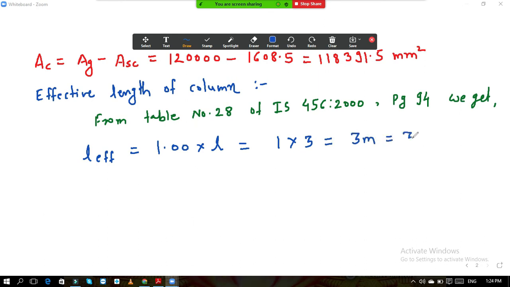This is nothing but 3000 mm as it is. We got the value of L effective.